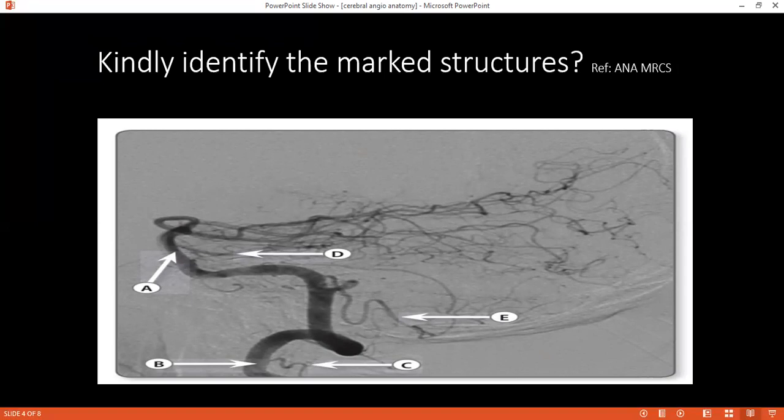From there, it ascends upwards and enters the transverse foramina of C6 to C1. At the level of C1, it traverses the posterior arch of the atlas and enters the cranium through the foramen magnum into the subarachnoid space. It then ascends upwards and medially, and the two fuse together to form the basilar artery. All right, good.